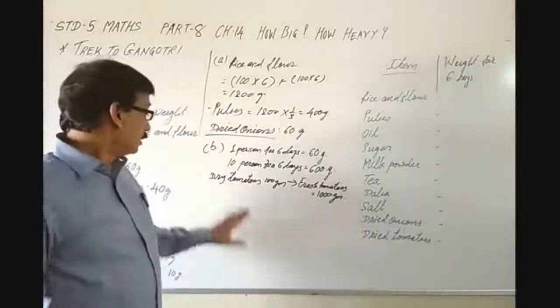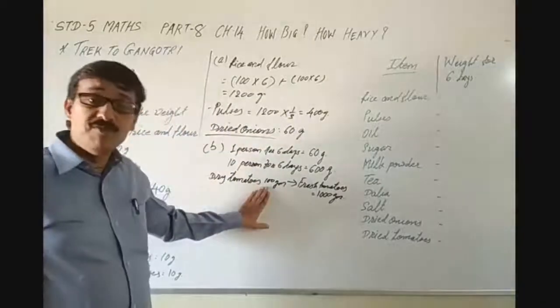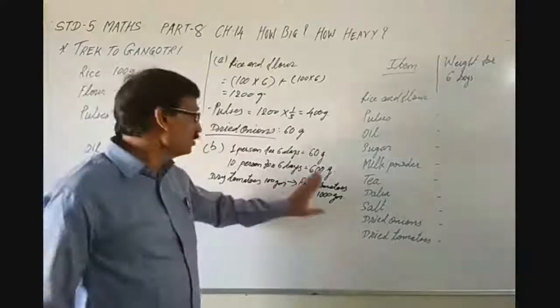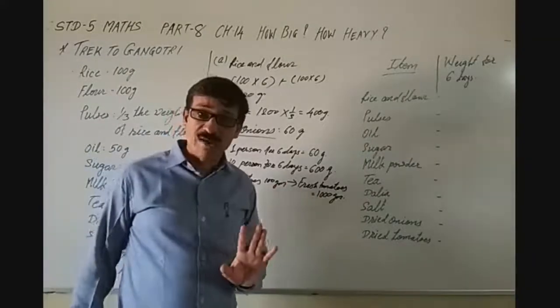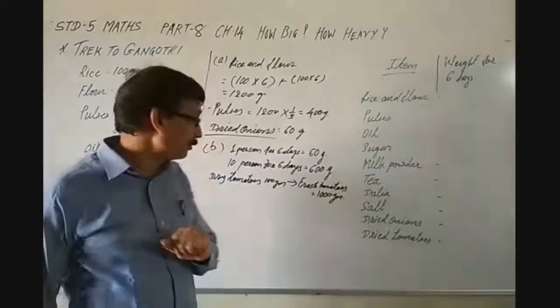Okay, so if we want 100 gram of dry tomatoes, we require 1000 gram of fresh tomatoes.